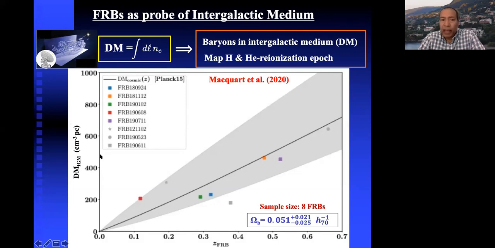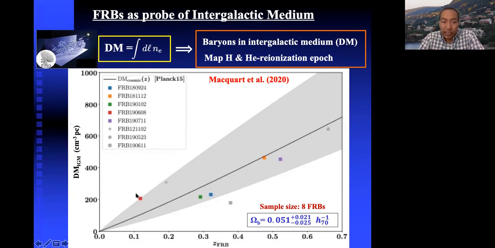And that means that from the total DM, from each of these FRBs, we subtracted the contribution of the Milky Way, and also subtracted the contribution of the host galaxy. And the host galaxy contribution is highly uncertain. And for these calculations, these people assume that there is a constant contribution to the DM from the FRB host galaxy, and that is taken to be 50 in that astronomer's unit.